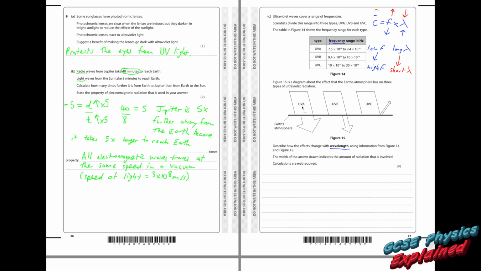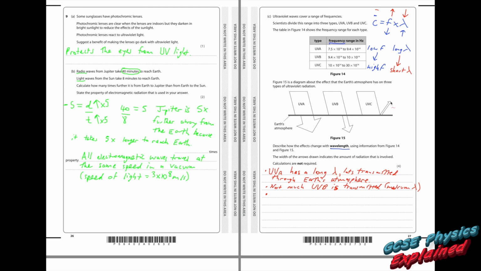So UVA, it's got a long wavelength, and we know that lots of UVA is transmitted. If we look at UVB, it's got like a medium wavelength and not much is transmitted. And finally, UVC, none is transmitted.